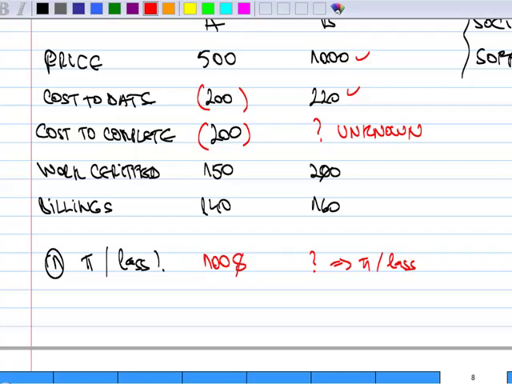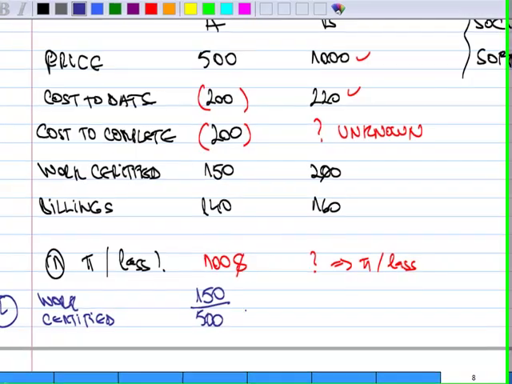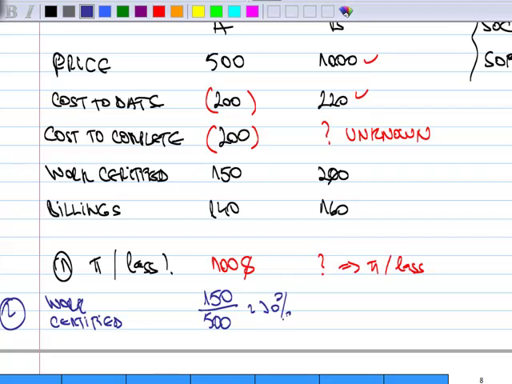So basically, work certified to date, let's use this as reference of stage of completion, because that's the second step in your exam. I have to calculate my stage of completion. So for project A, work certified is 150 over 500, which is actually 30%.